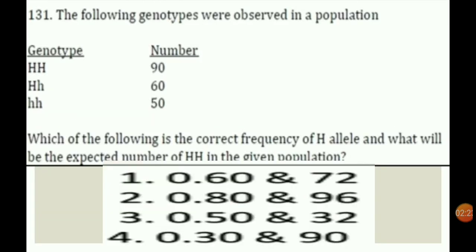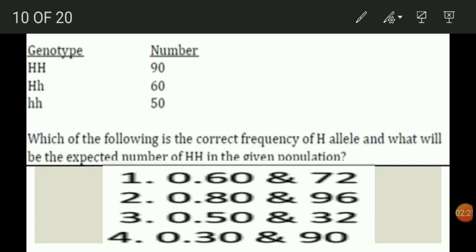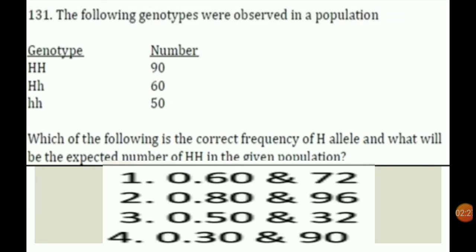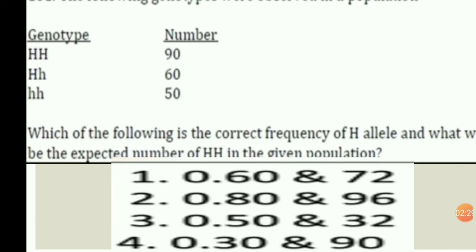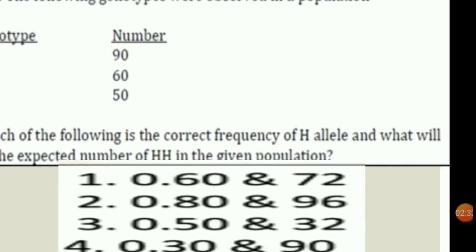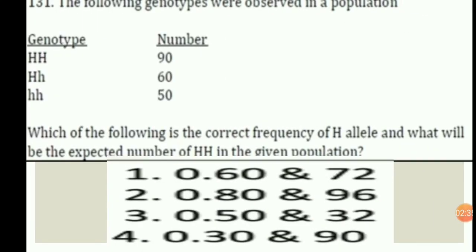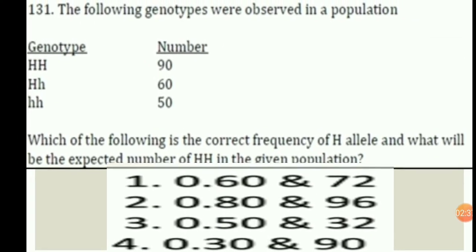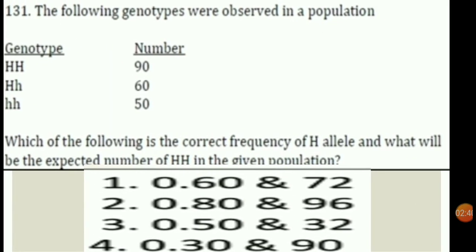Next question. The following genotypes were observed in a population. HH is 90, heterozygous Hh is 60, and small hh is 50.